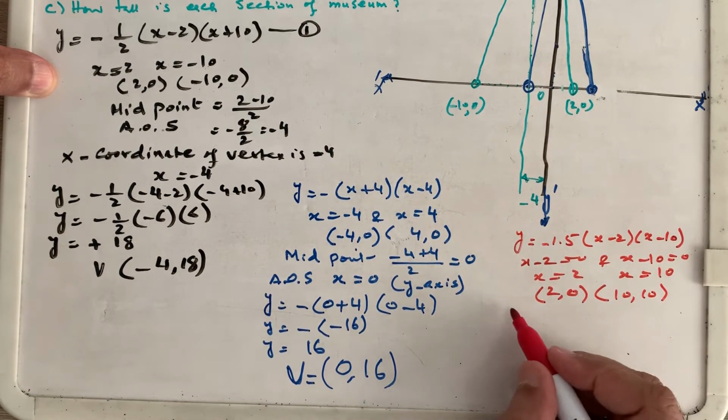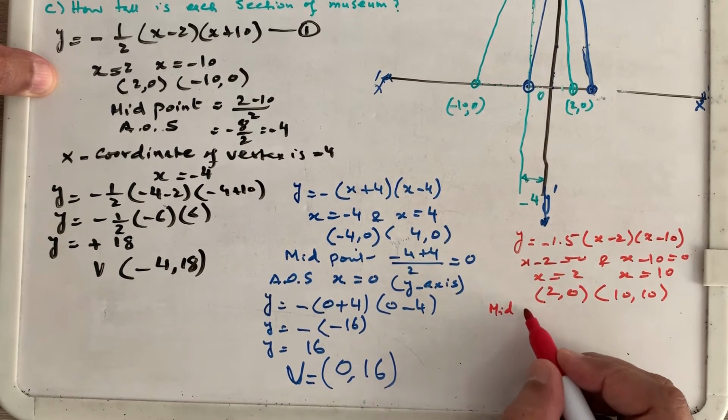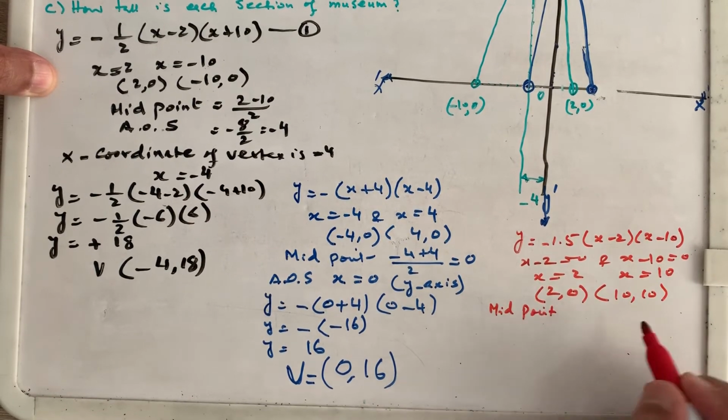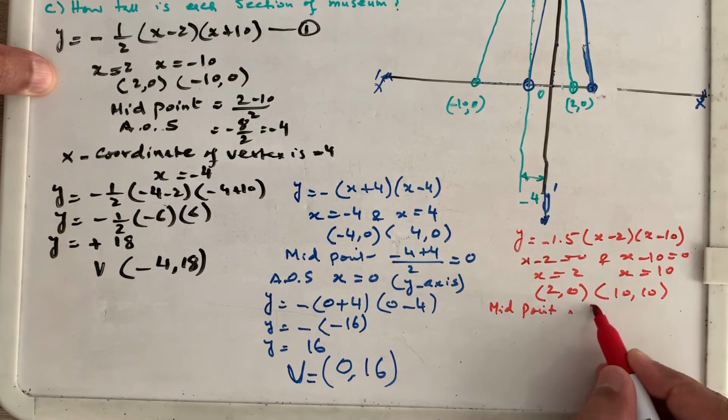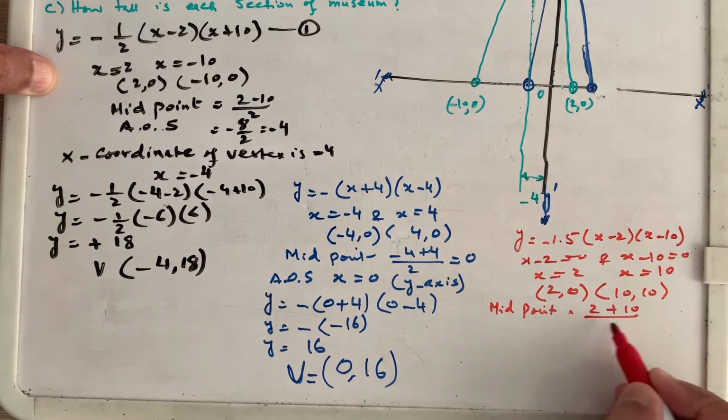What is next? Midpoint. The midpoint is of these two x-intercepts, so the midpoint is 2 plus 10 divided by 2.